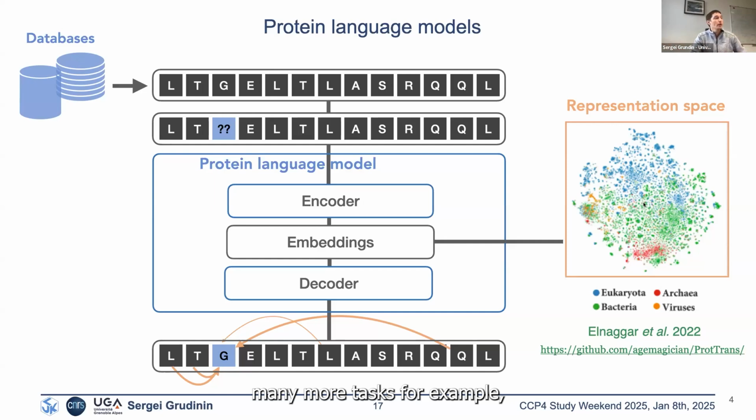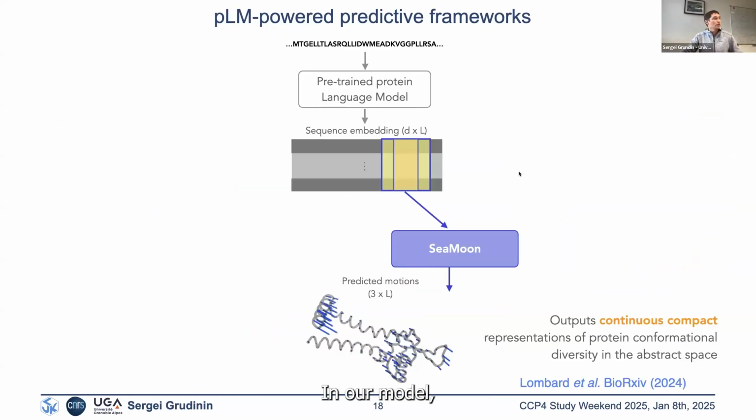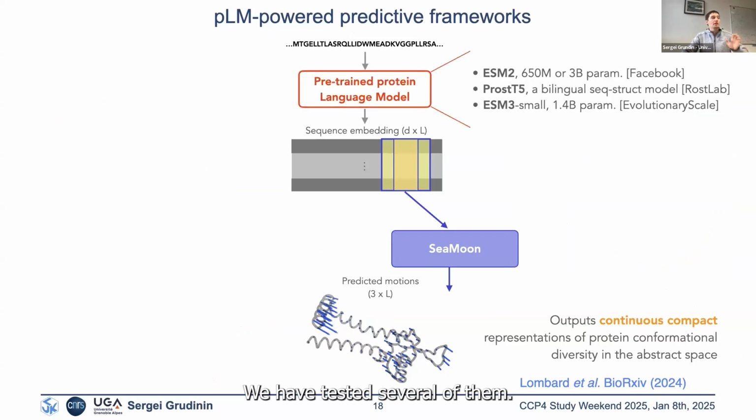For example, we're using protein language models to predict protein motions. In our model called SeaMoon, we start with a protein sequence. We use a pre-trained protein language model. We have tested several of them: ESM2, ProstT5 and ESM3.